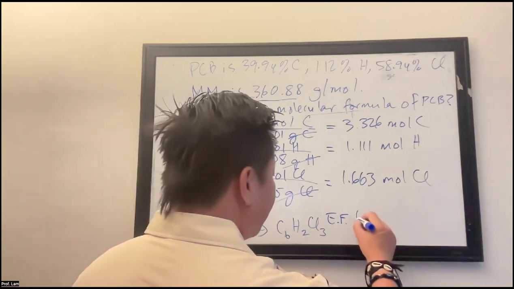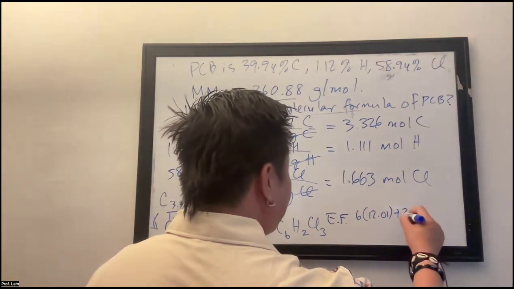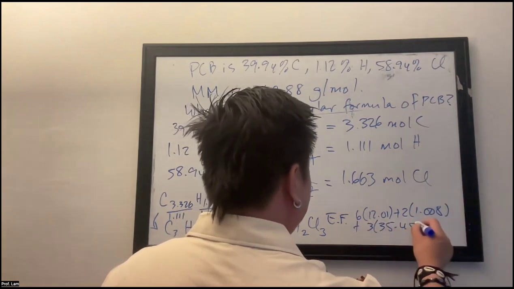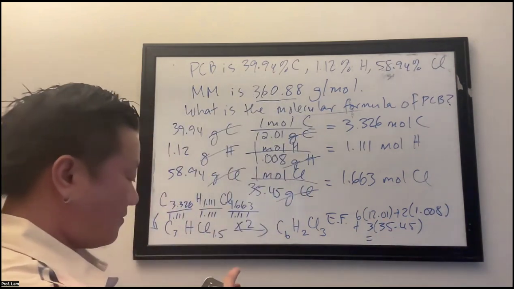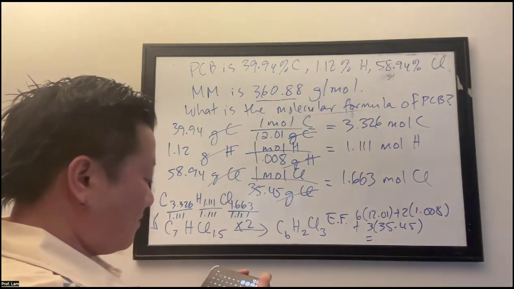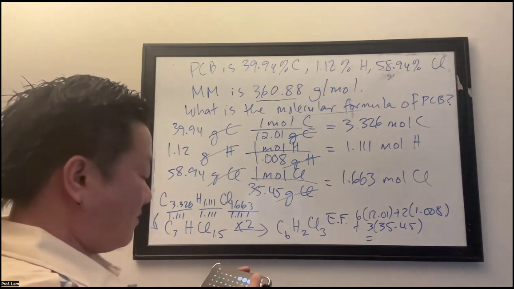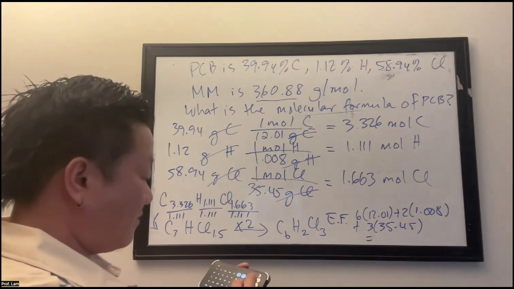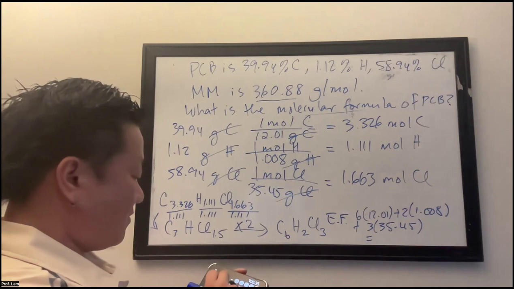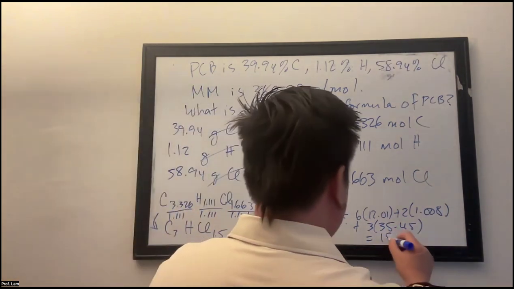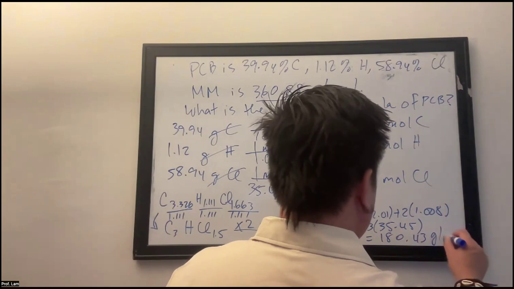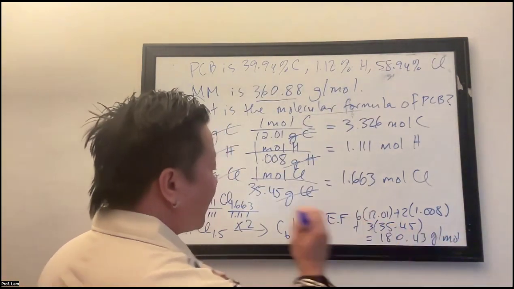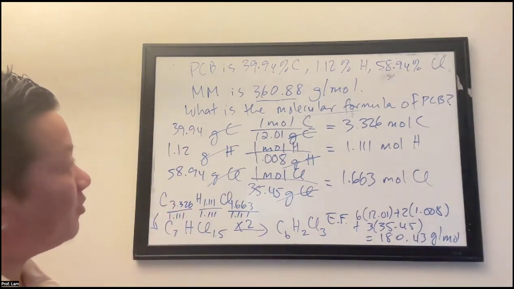It's fine, just add it up. 6 times 12.01 plus 2 times 1.008 plus 3 times 35.45 is 180.43 grams per mole. Okay, so we have the small mass as 180.43 grams per mole.